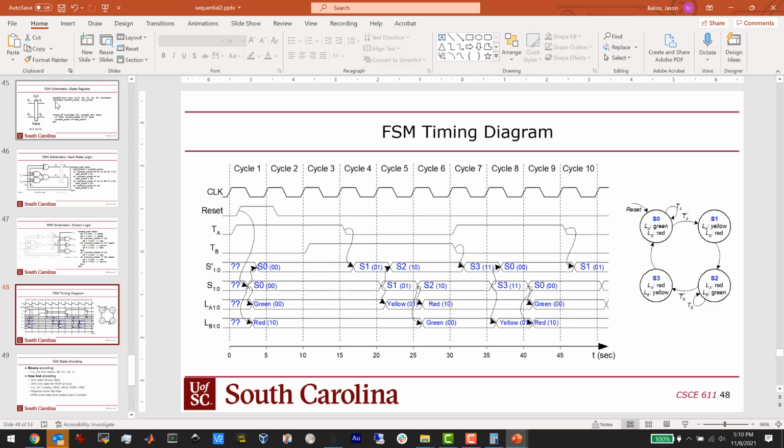They don't show any glitches here, but the next state logic is a little glitchy whenever you change an input. It takes time to stabilize. So by only looking at the next state on the clock edge, it gives the logic time to stabilize. We're going to talk about that in the next lecture when we talk about timing analysis.